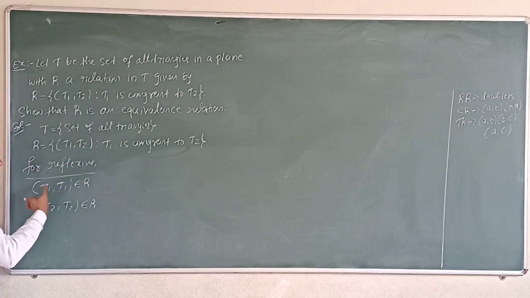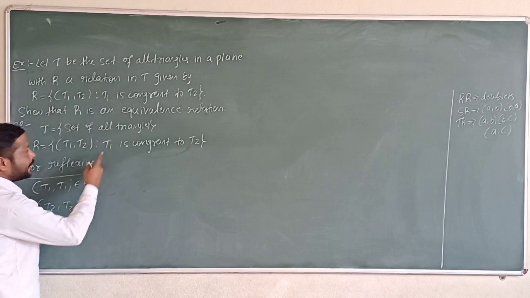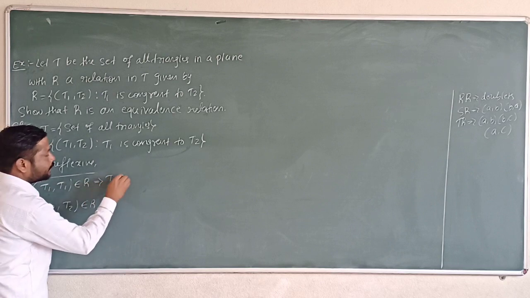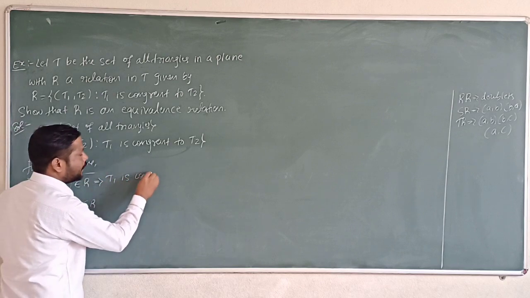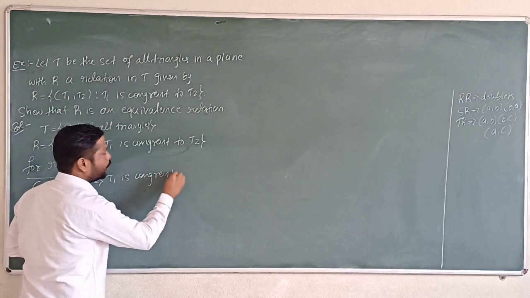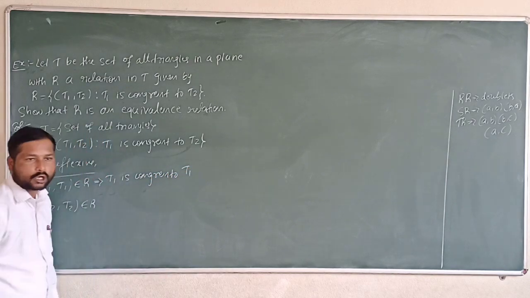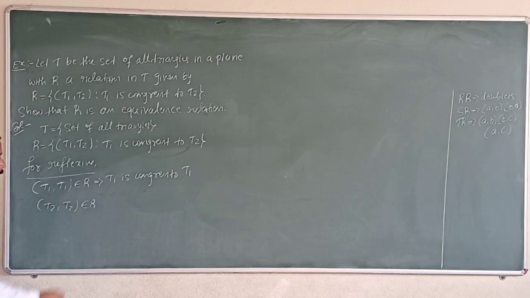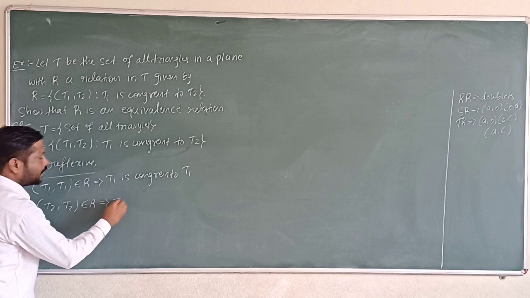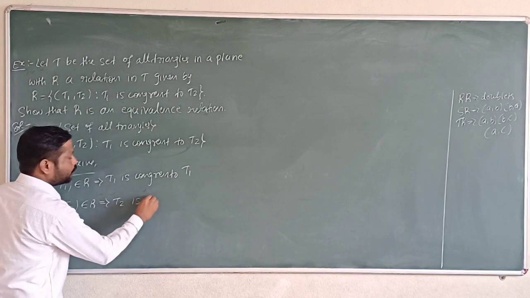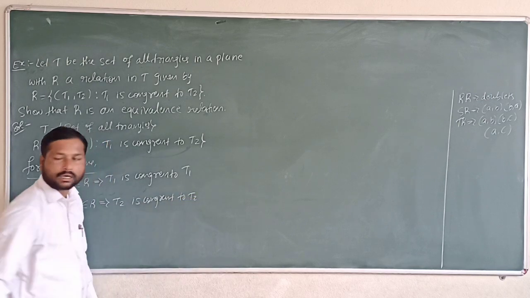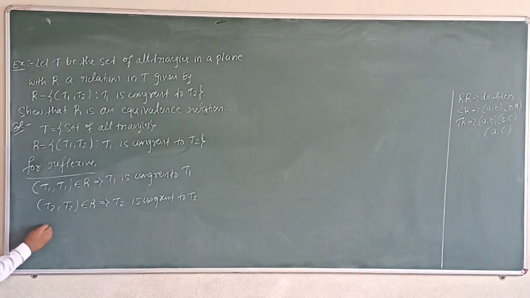Apply the relation to (T1, T1). It implies T1 is congruent to T1 only, that is, T1 is congruent to itself only. Same as it is, T2 is congruent to T2. So therefore the relation is satisfied.